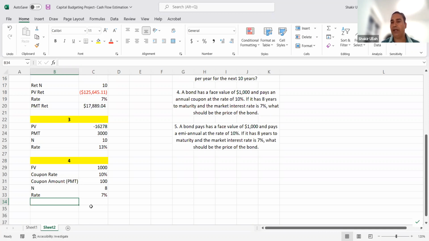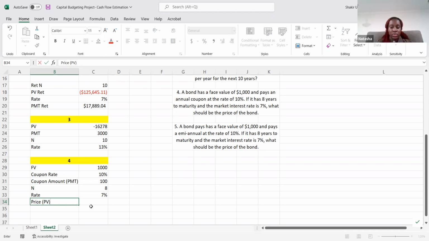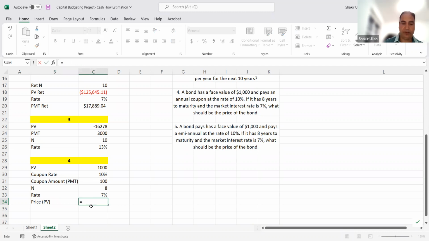What should be a good price? That means we are trying to find the present value of the bond, correct? So we can use the present value formula, PV. It is asking for the rate, which is 7%.